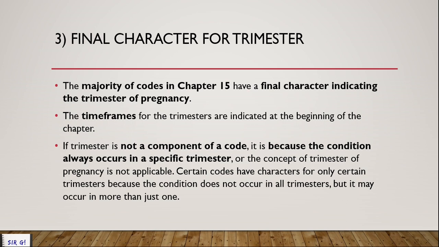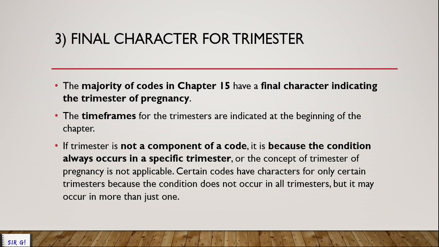Now, since codes are based on the final character, which is the trimester, what if the trimester is not a component of the code? Remember, it's the majority, meaning there are also codes that will not specify the trimester, not all.